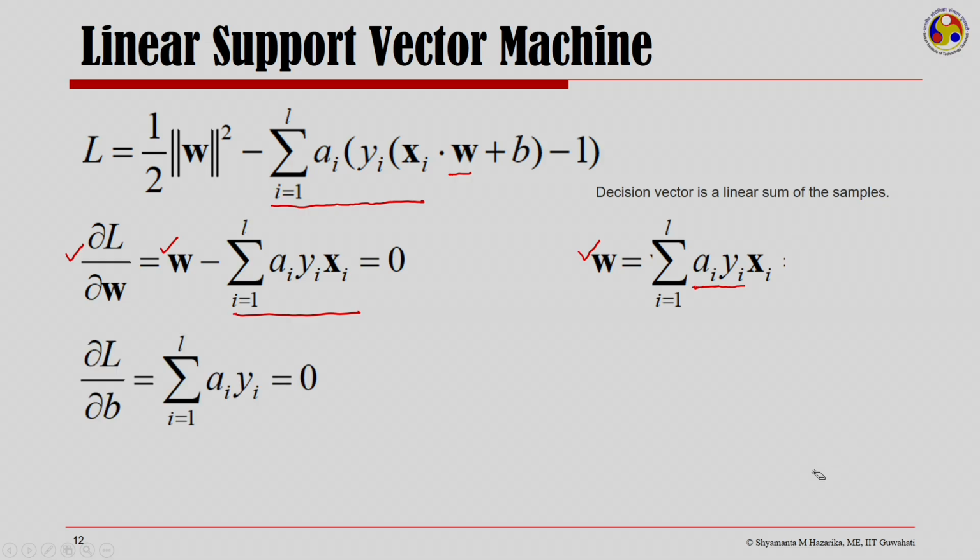And when I do partial derivation of L with b, this goes away. All that I have is here b there, and therefore, I have summation of ai yi equal to 0.